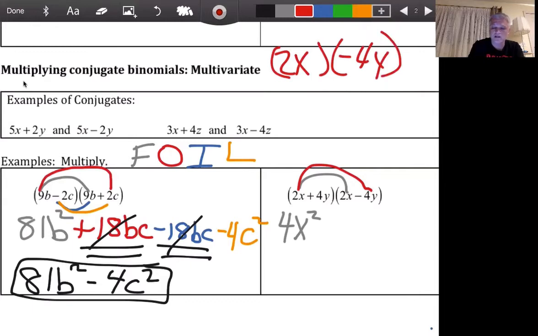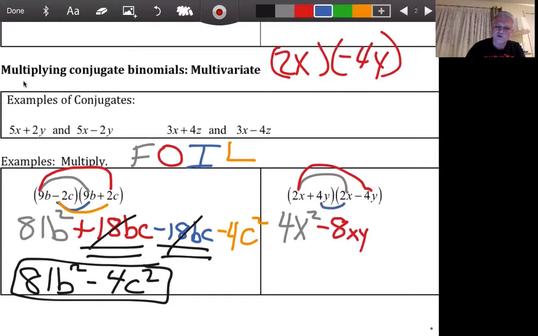If you can just look at it and say, oh, I know what it is, that's fine too, as long as you get it right that way. So 2 times minus 4, positive 2 times negative 4 is negative 8. X times y is xy. Exciting. Right?